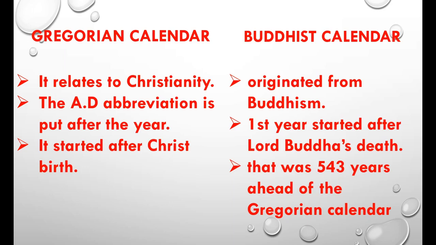The Buddhist calendar relates to Buddhism, and it started after the Lord Buddha's death. So, it has BE abbreviation. What does BE stand for? BE means before the Buddha's era, and it is 543 years ahead of the Gregorian calendar.